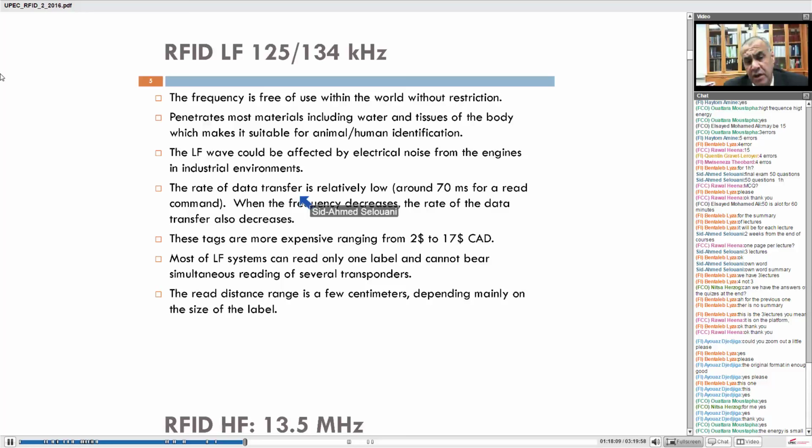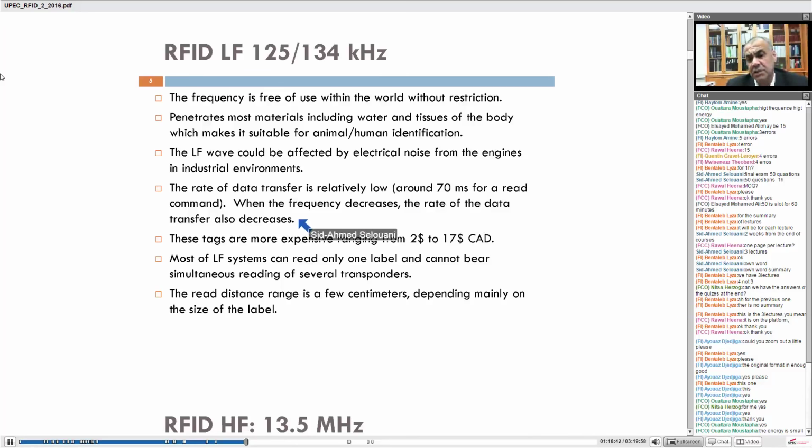The rate of data transfer is low because when you decrease the frequency, of course you decrease the speed of transfer, exactly like a PC: if the clock is running at a high frequency, such as 3 or 4 gigahertz, your PC is fast, but if you have 1 gigahertz, your PC is very slow.